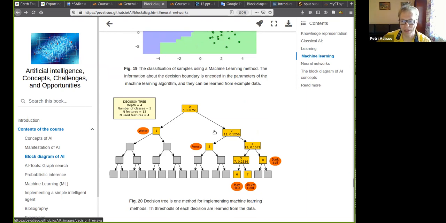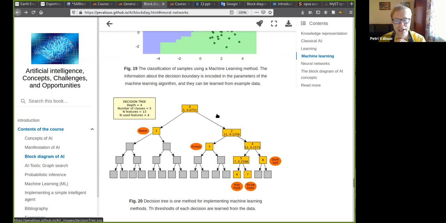But you can, and actually a good property of this tree is that you can draw it like this, and then you can understand how it works. So it is kind of a glass box that you can examine its properties, and you can even go and tune these parameters if you want.